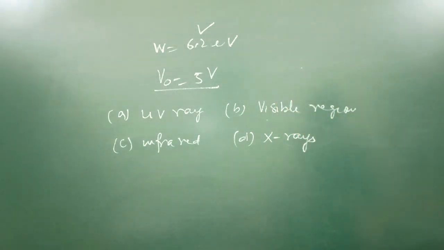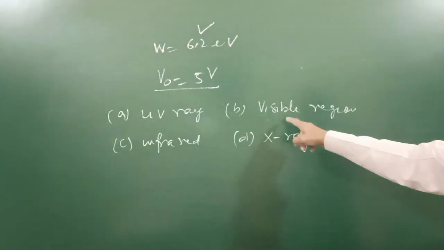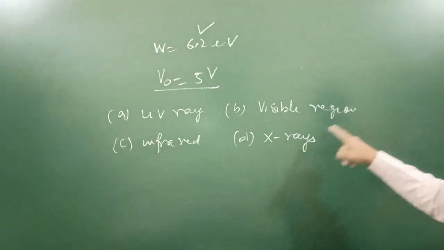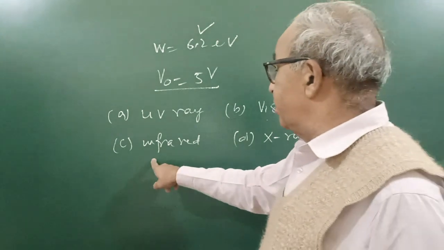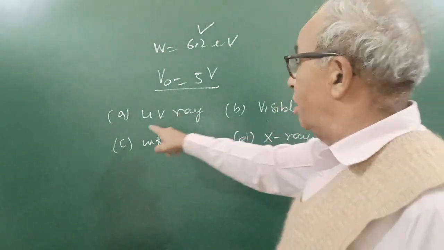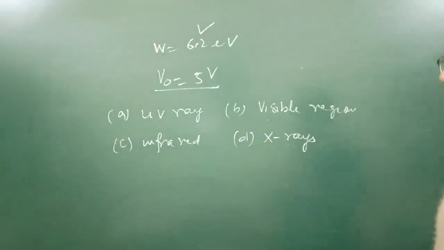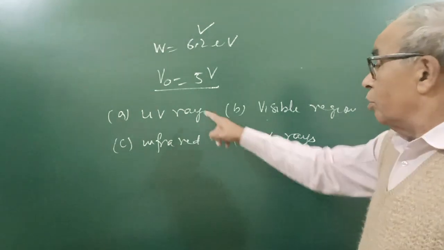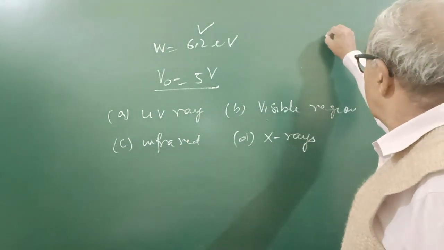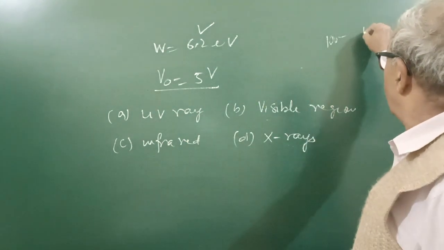I hope you remember the wavelength ranges: visible light 4000 angstrom to 7000 angstrom, X-ray maximum up to 100 angstrom. Infrared is more than 7000. Ultraviolet, sorry, it comes from 100 to 4000 angstrom.